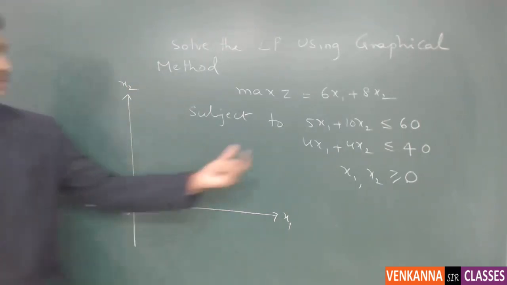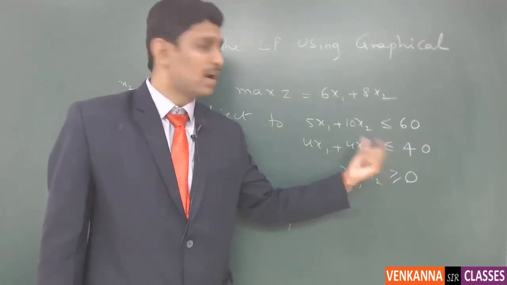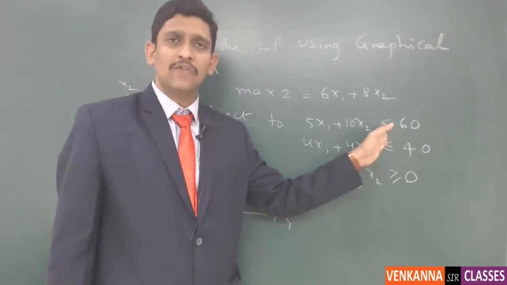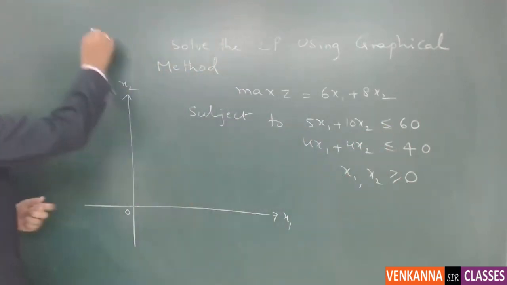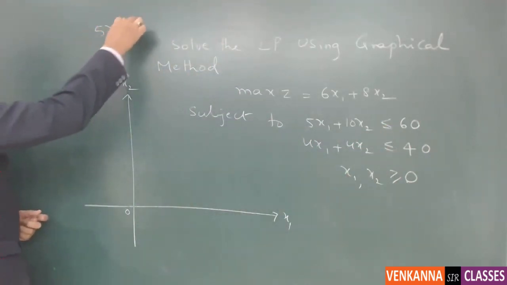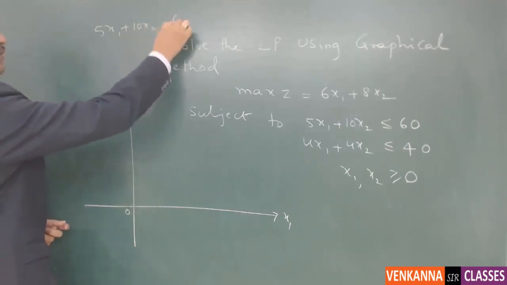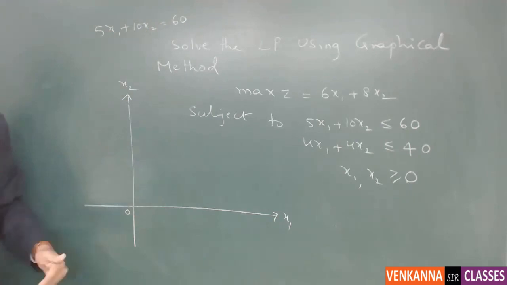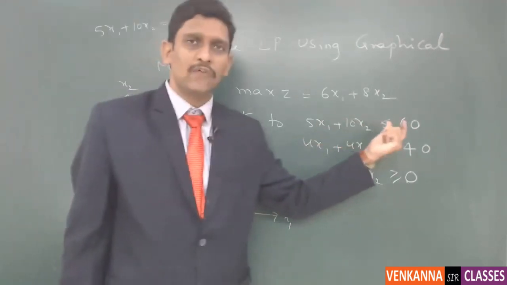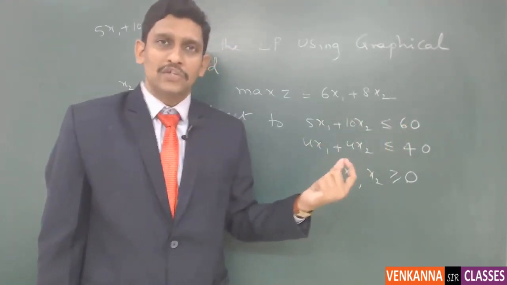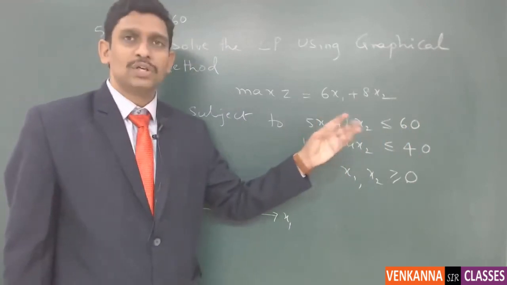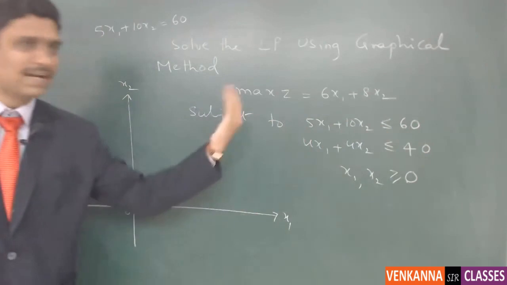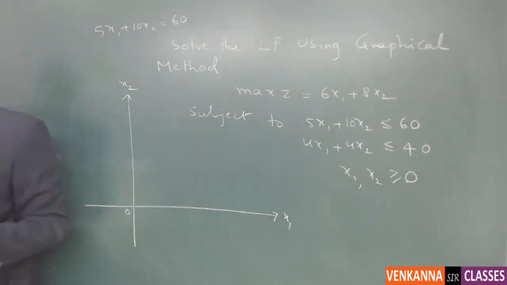Now you know how to draw the graph of an inequality, right? So less than or equal to indicates that if you take the straight line 5x1 plus 10x2 equal to 60, you draw the straight line graph here. Since it is less than or equal to, all the values of x1 and x2 which satisfy less than or equal to 60 will come under this line. Accepted?